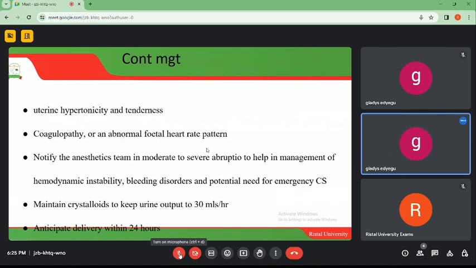Then anticipate delivery within 24 hours. Don't push, don't extend. Try to see that this baby is delivered as soon as possible, to save both their lives, the baby and the mother.